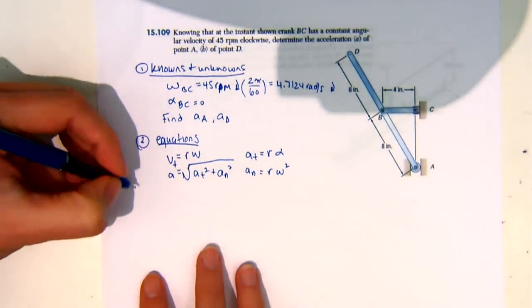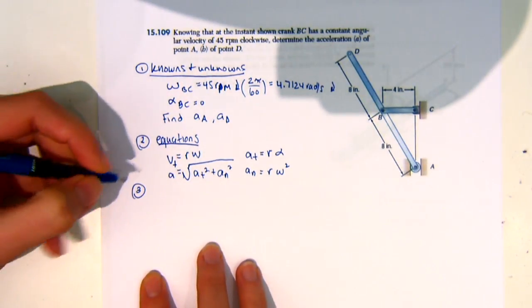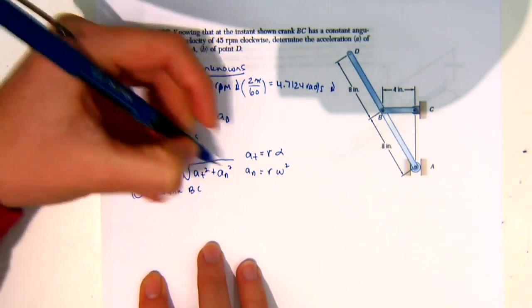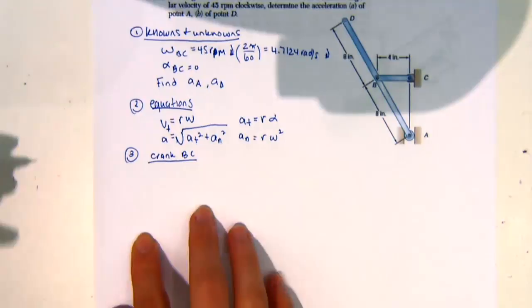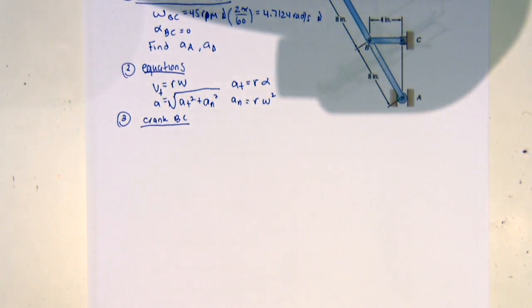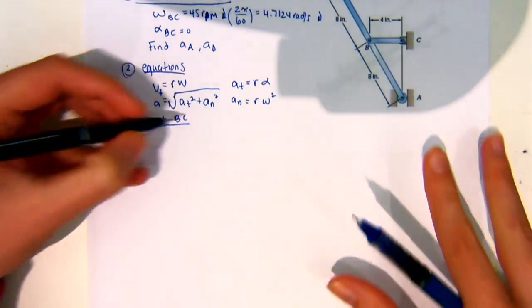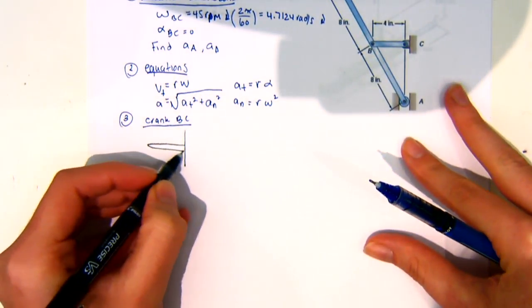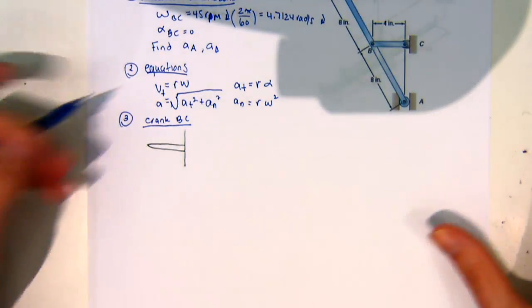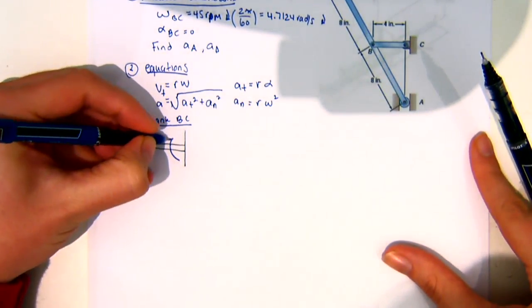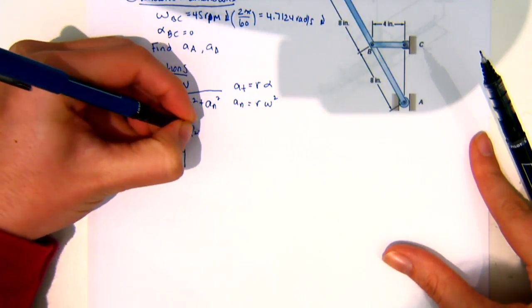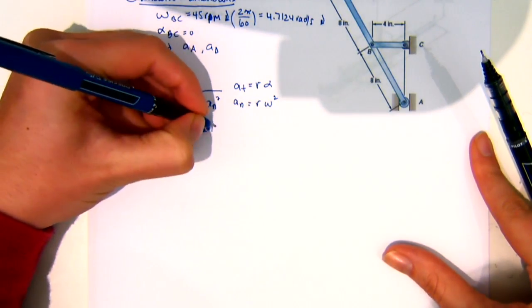So now for crank BC, since we're told omega BC, we're going to start with that bar. So drawing my free body diagram for it, I know that my omega is going that way, and that is 4.7124 radians per second.